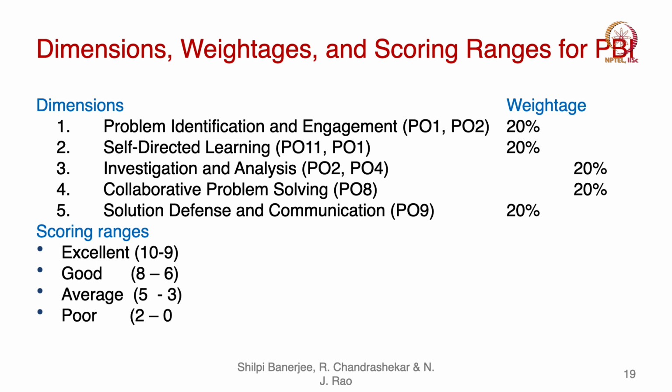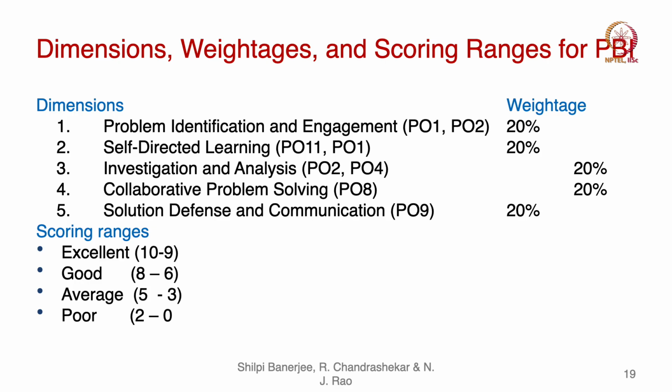Collaborative problem solving, PO8. And solution defense and communication, PO9. As you can see, you are addressing a fairly large number of program outcomes through a PBL exercise. Even if you alter, it will still be a fairly large number. Here we have 2, 3, 4, 5, 6 POs out of the 11.